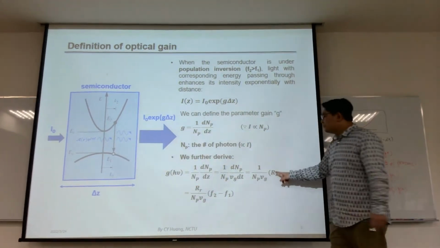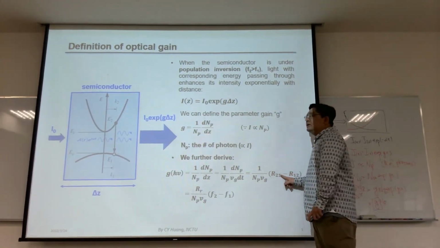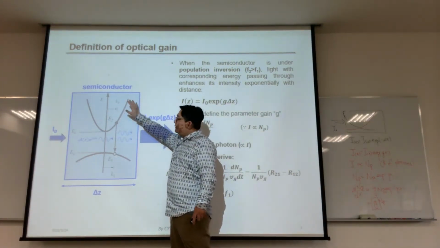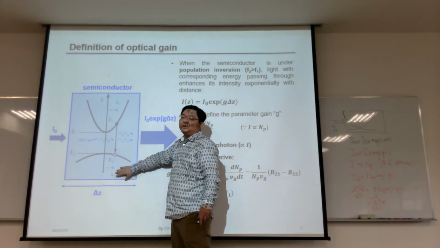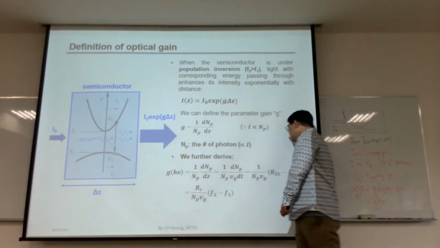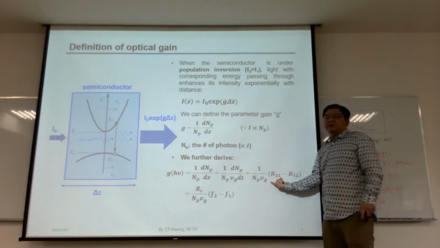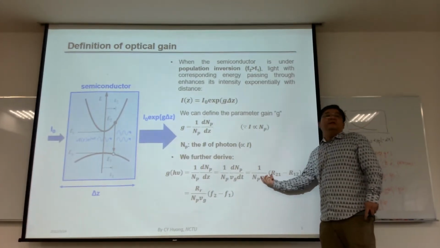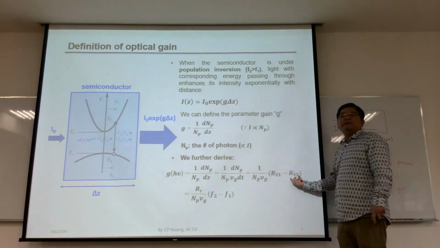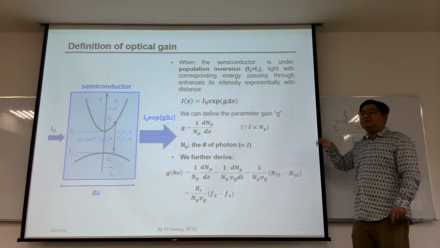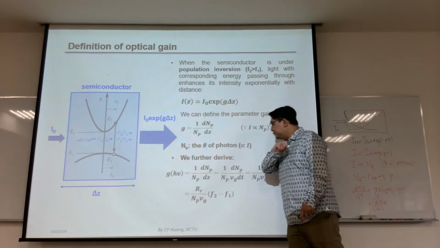R21 is the transition rate for a carrier undergoing the downward transition from the conduction band to the valence band. R21 is positive because it gives you more photons in the cavity, but R12 is negative because it absorbs light, so the photon density is reduced.